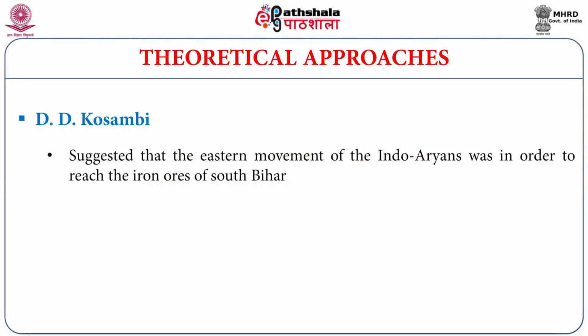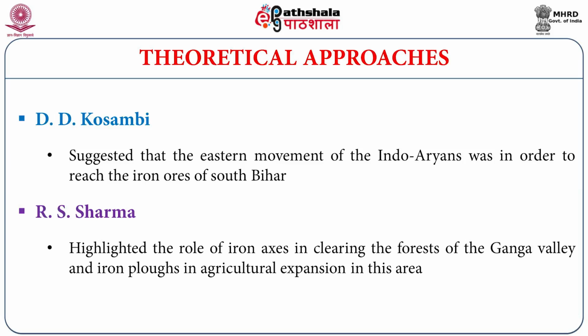D.D. Kosambi suggested that the eastern movement of the Indo-Aryans was in order to reach the iron ores in South Bihar. So the movement of people is attributed to the search for iron sources in northern India. R.S. Sharma highlighted the role of iron in clearing the forest of the Ganga Valley and in agricultural expansion in this area.